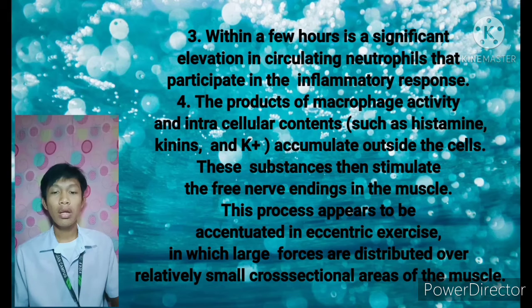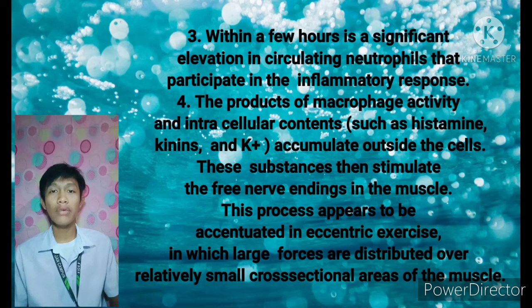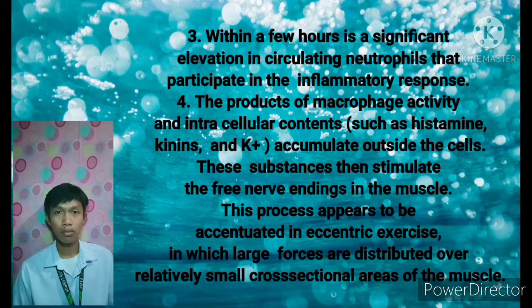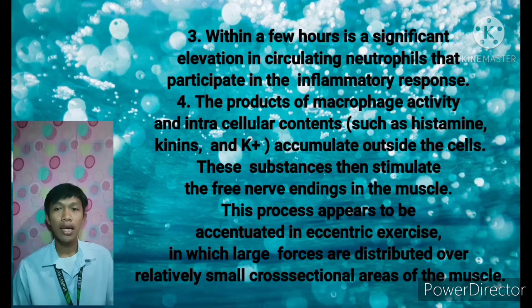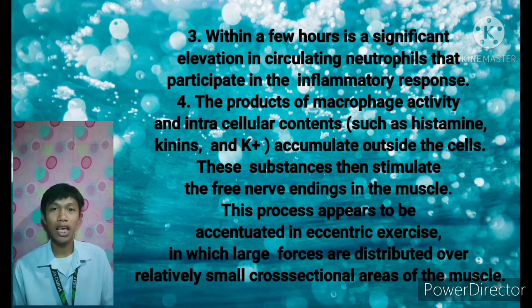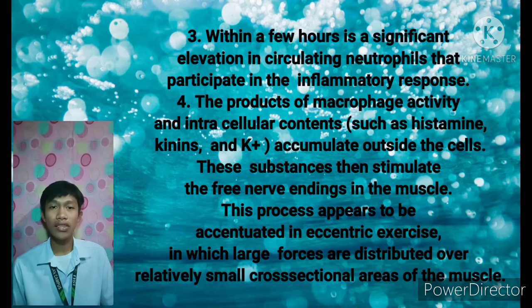Third, within a few hours is a significant elevation in circulating neutrophils that participate in the inflammatory response. Fourth, the products of macrophage activity and intracellular contents, such as histamine, kinase, and K+, accumulate outside the cells.